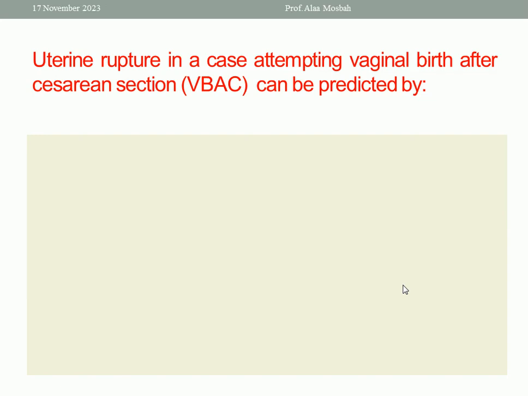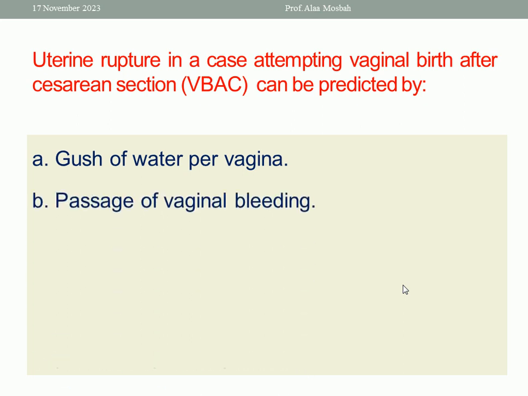Uterine rupture in a case attempting vaginal birth after cesarean section can be predicted by: A. Gush of water per vagina. B. Passage of vaginal bleeding. C. Increased fetal movement.